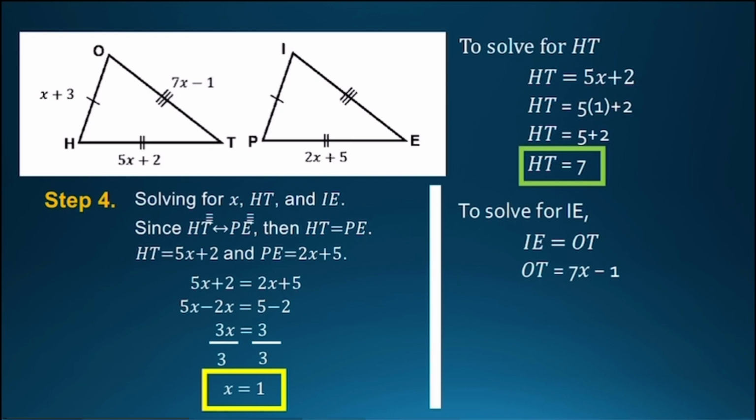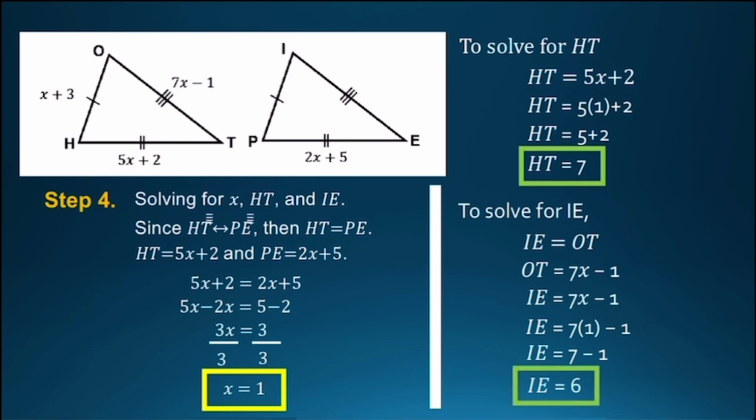Then IE is equal to 7x minus 1. So we substitute the value of x to 1. So we have now IE is equal to 7 times 1 minus 1. So 7 times 1 is 7, minus 1, we have 6.